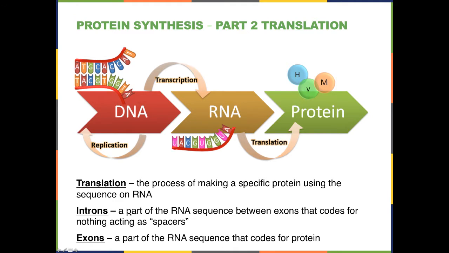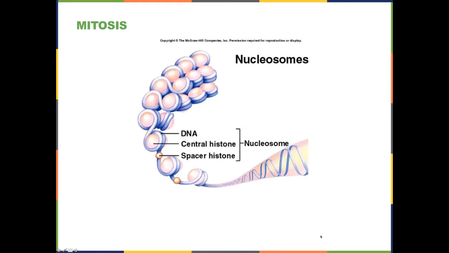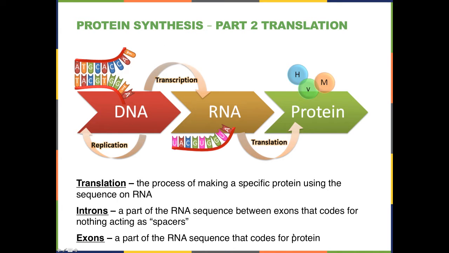And the introns are the sequences of RNA between exons that code for nothing, and they act as spaces between each RNA sequence that codes for a protein. And so you have this intron acting as a space between exons, and the exons produce the protein.